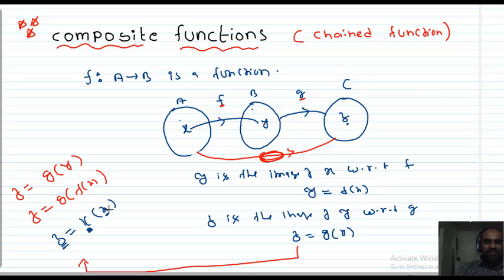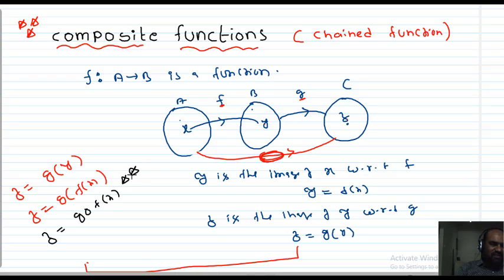What is the new function? G after bracket f function. Symbolically, for mathematical convenience, this can be written as Z equal to g circle f of x.